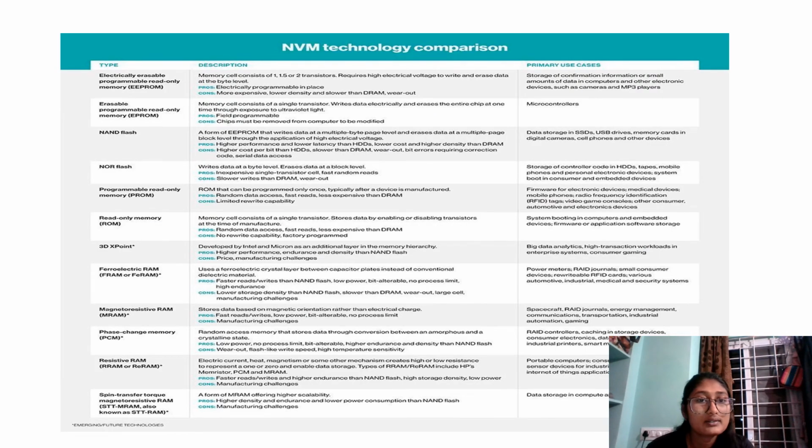Look at this list of types and descriptions of primary usages, like electrically erasable programmable read only memory, NAND flash, NOR flash, programmable read only memory, read only memory, random access.